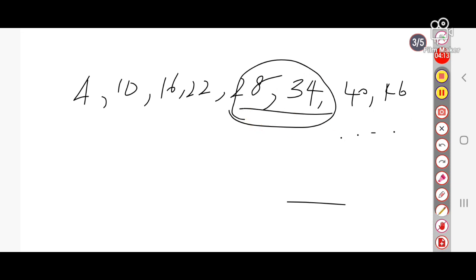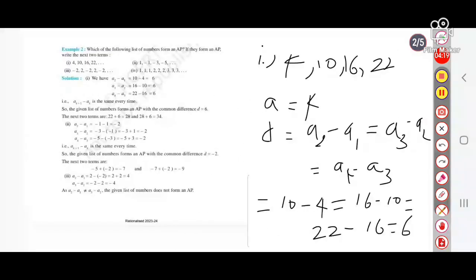So the given list of numbers forms an AP with common difference 6, and the next two terms are 28 and 34. This was the first subdivision in example 2.